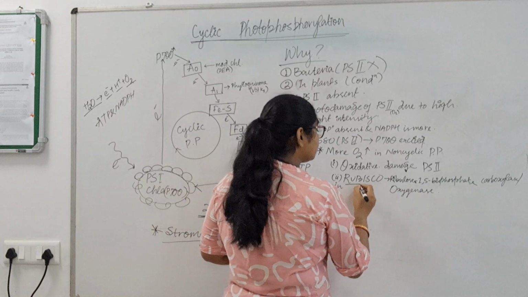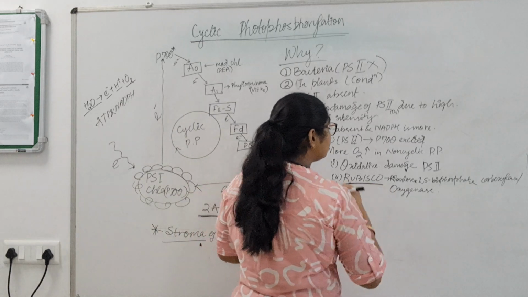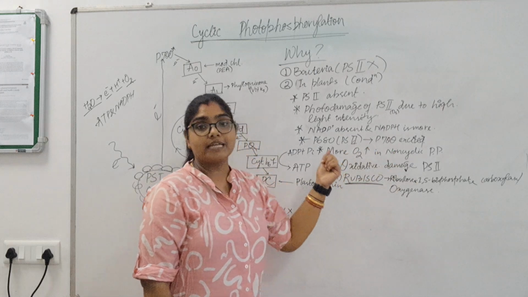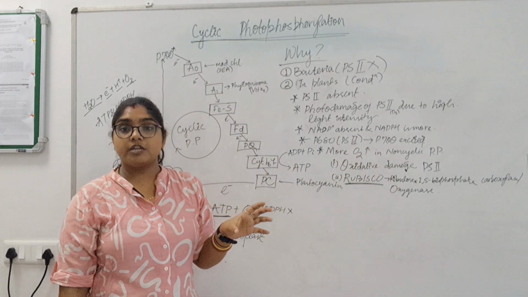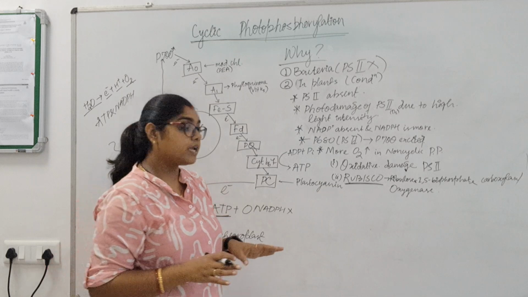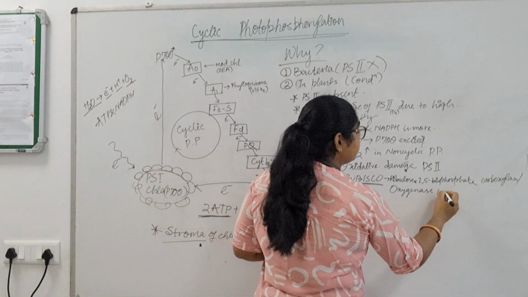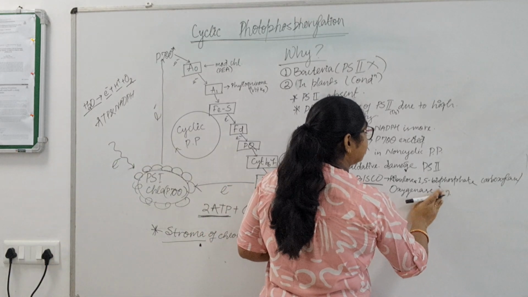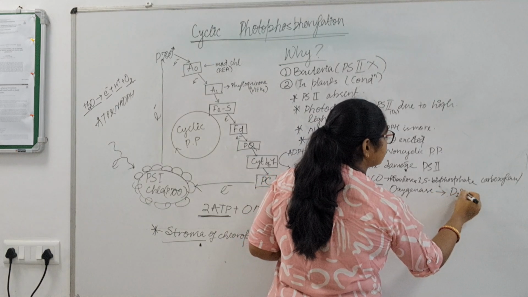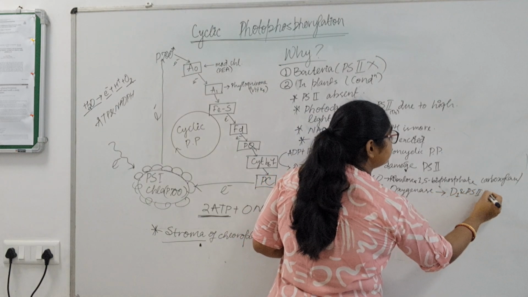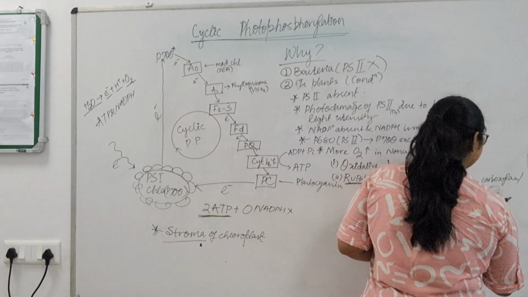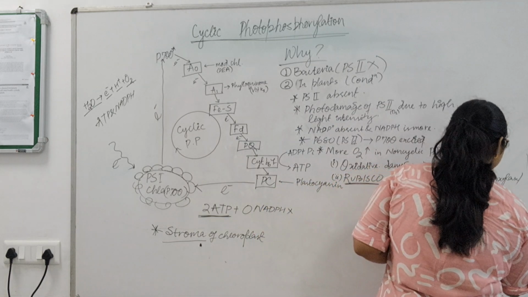That's why, to avoid confusing the Rubisco enzyme and to avoid these circumstances, the plant inactivates the D1 protein of photosystem 2.